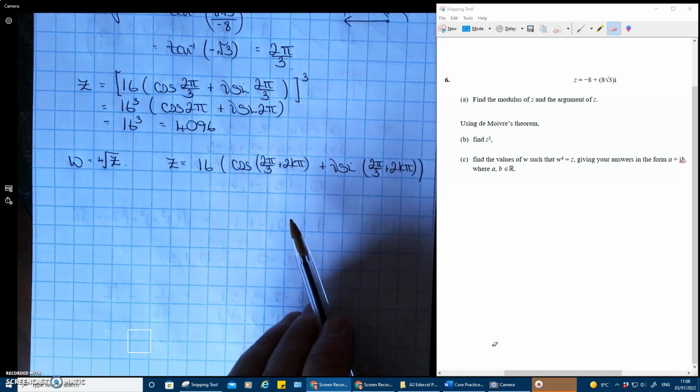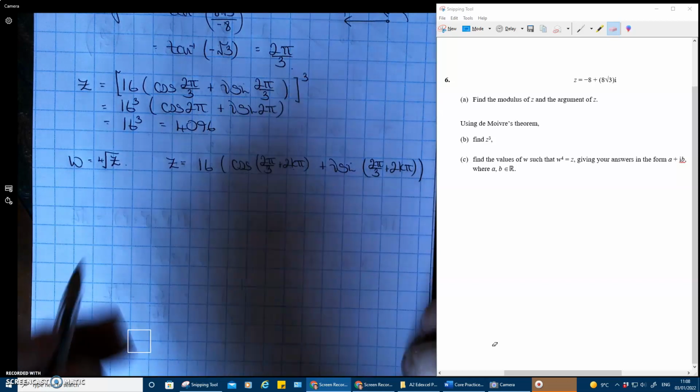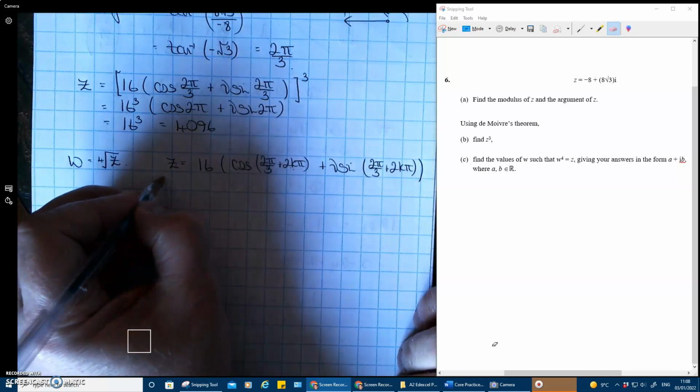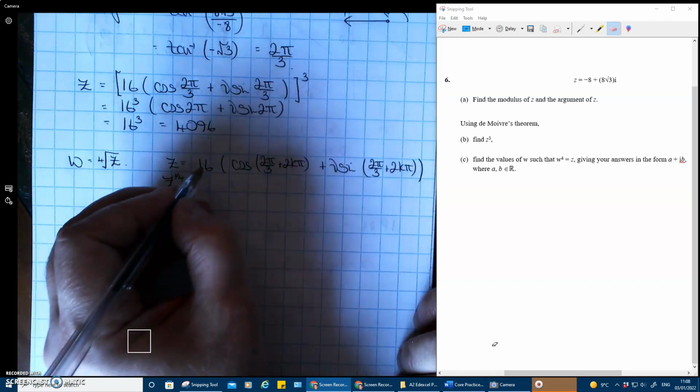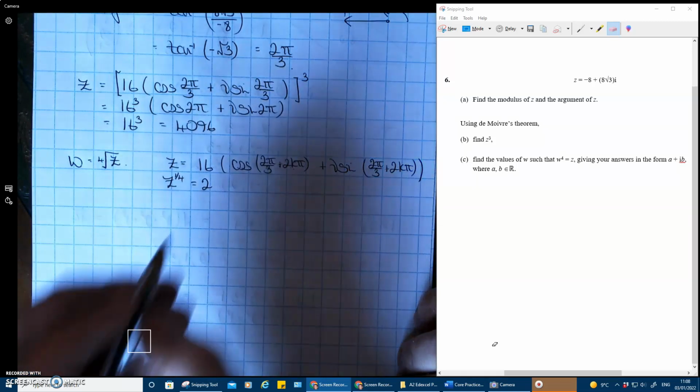Okay, so now I want to bring that to the quarter. So z to the quarter is fourth root of 16 is 2.